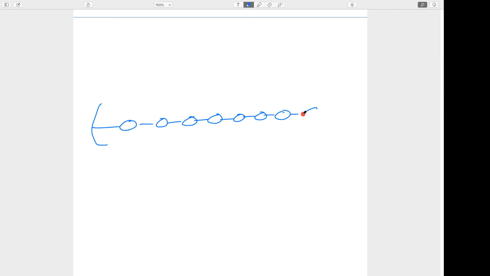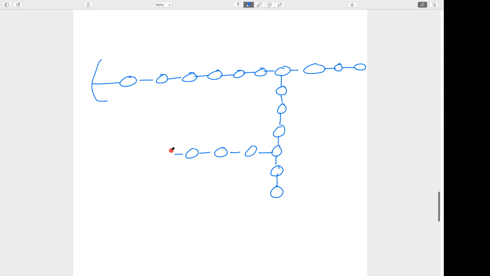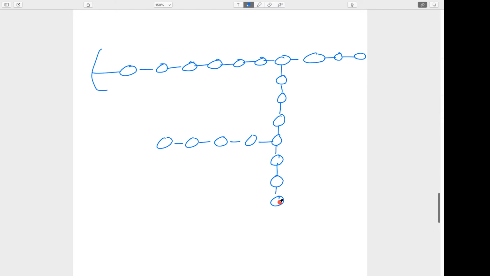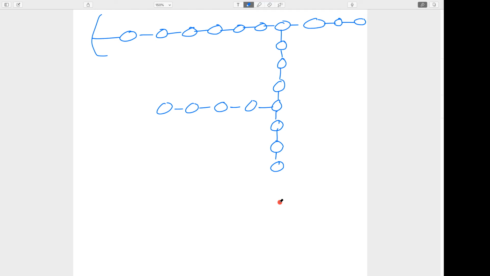To show this, I would like to write the structure of the limit dextrin again. So this is the limit dextrin. What happens?